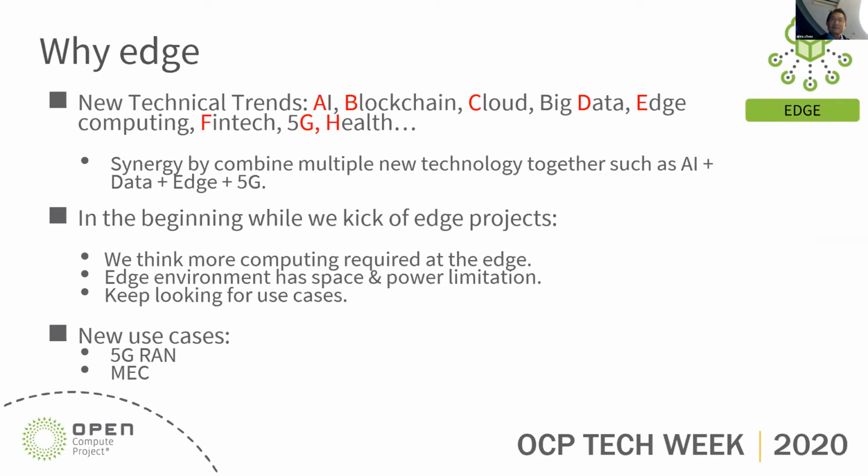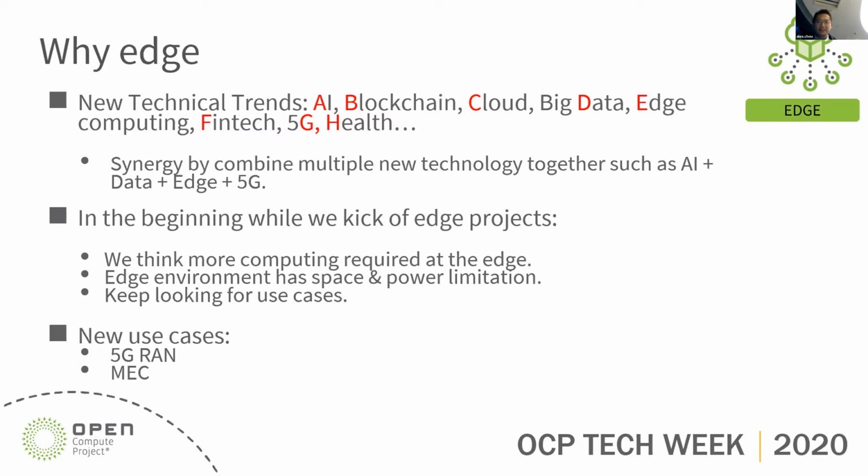They are in the order A, B, C, D. So for example, A for AI, B for blockchain, and C for cloud. So what we tried to do is, if we can connect things by 5G, then maybe we can do AI at the edge. So that's why we kicked off the Open Edge project several years ago.